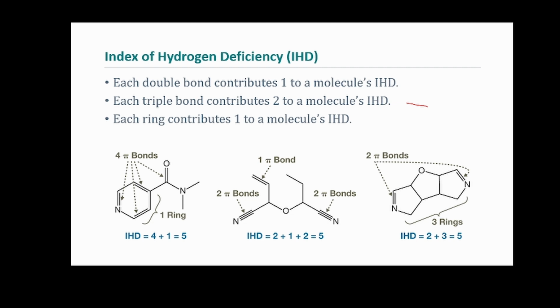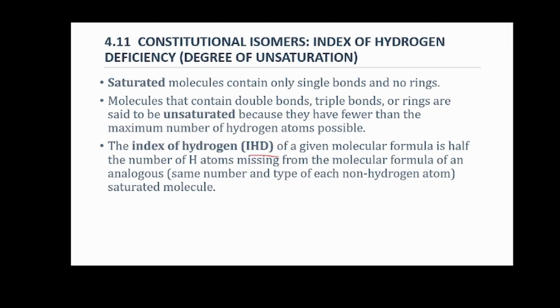Each ring is going to contribute 1 to the molecule's IHD, and again, that's because you lose that end cap hydrogen on both sides, right? Even though it says hydrogen deficiency, I think the new terminology is actually more confusing.